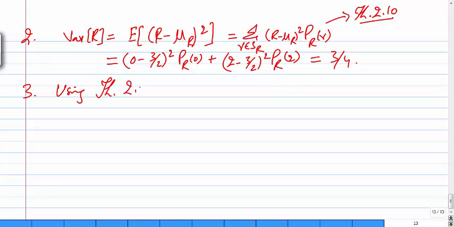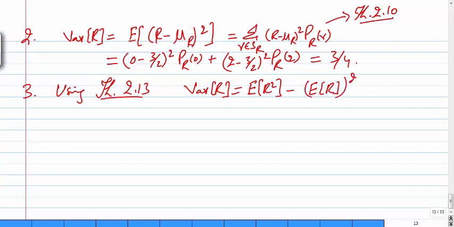Now the third method, using theorem 2.13, says that variance of R is equal to expected value of R square minus expected value of R whole square. We already know that expected value of R is equal to 3 by 2.